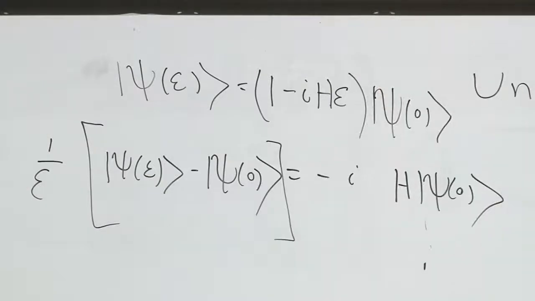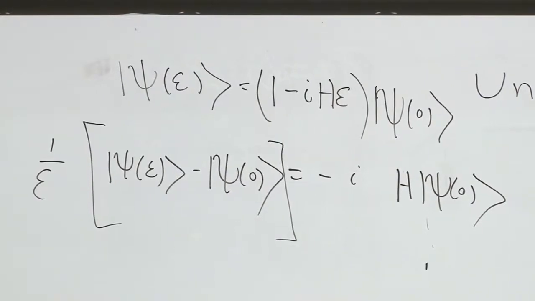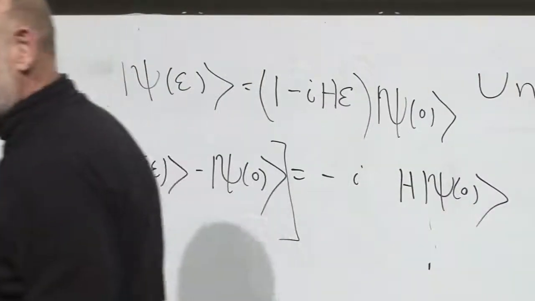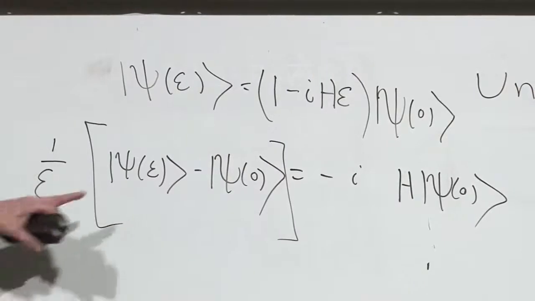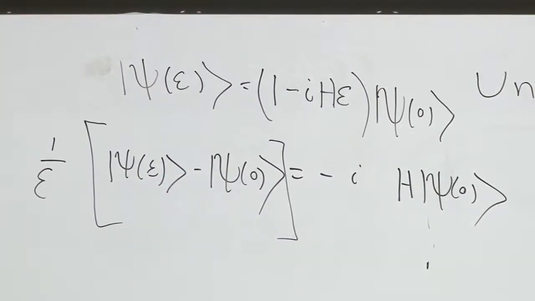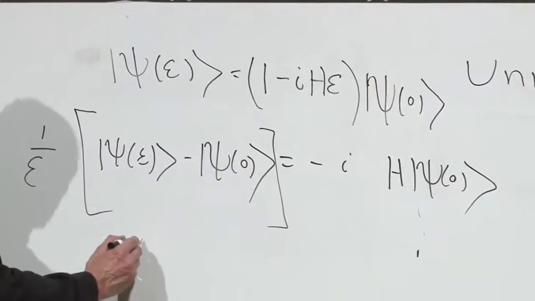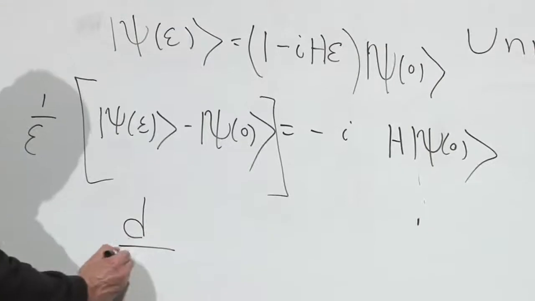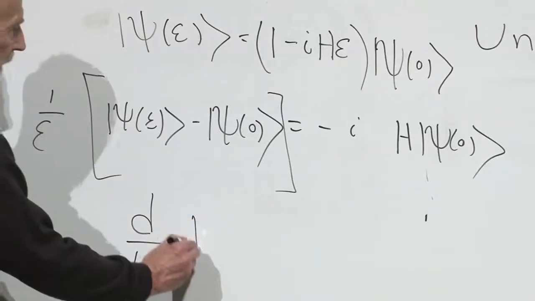We haven't talked very much about taking derivatives of vectors, but it's clear you can do that. You can take the difference between two vectors, that's perfectly well defined. They will be close to each other if epsilon is small. If you divide by the small epsilon, you'll get something which on the right-hand side is just the time derivative of psi.